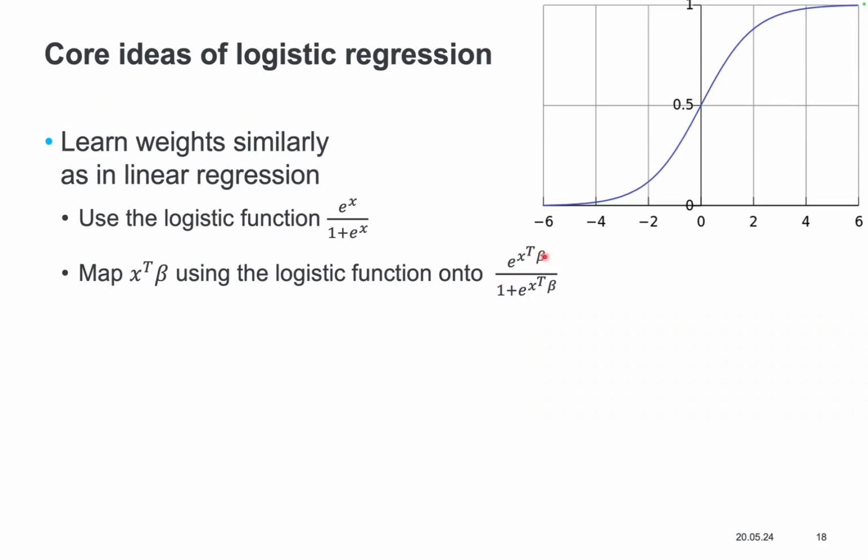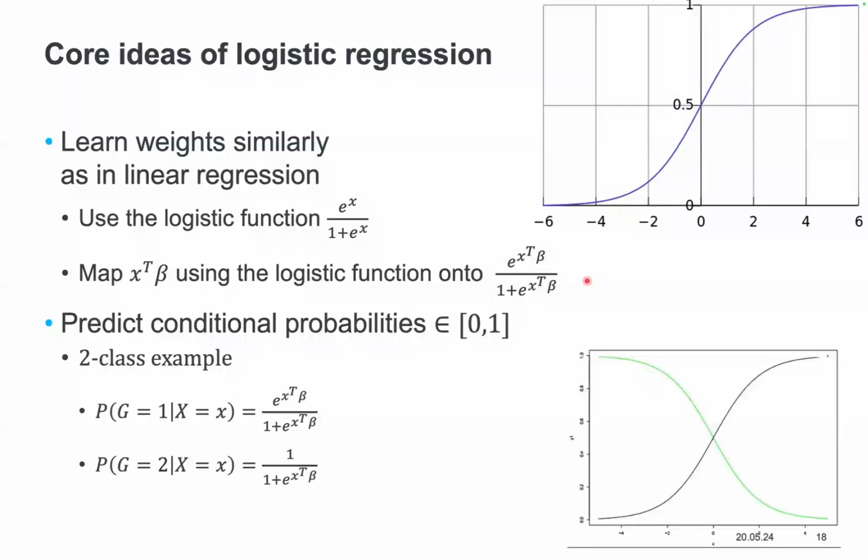As the linear component goes against minus infinity, this overall term will go against 0, because e to the power of a very negative number, like minus 1 million, of course approaches 0 very quickly. So we map our linear component using the logistic function onto this term, and in this way ensure that our predicted values fall in the interval from 0 to 1. This is what we then use to predict these probabilities.